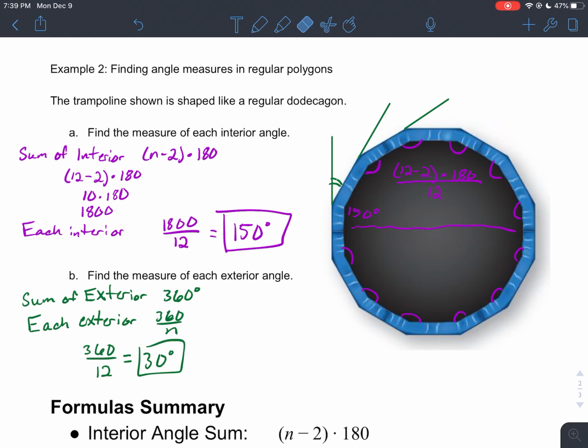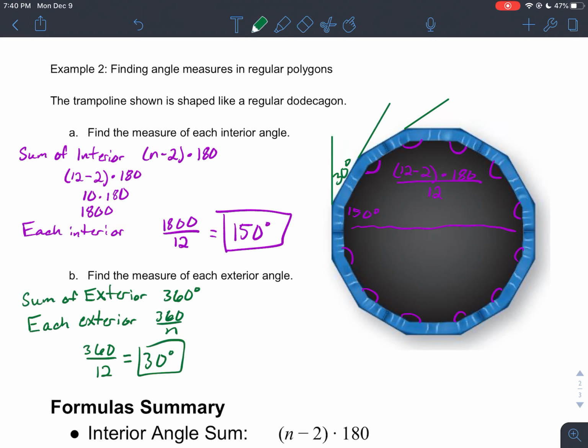Okay. So each of these angles is 30 degrees. The other way to think of it is, notice this is a straight line. And what do we know about straight lines? They measure 180 degrees.